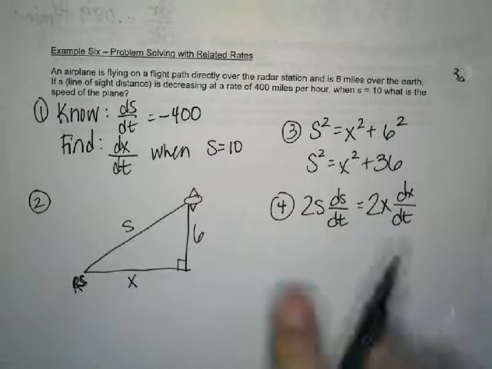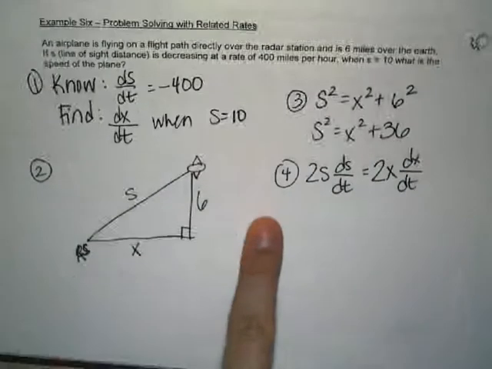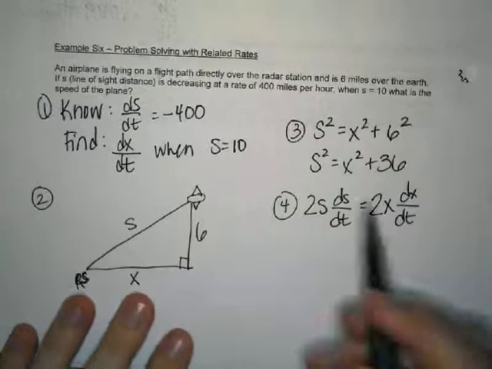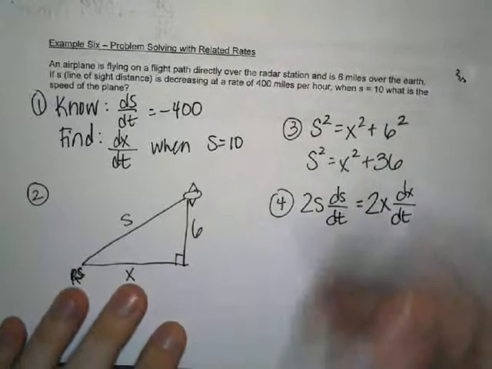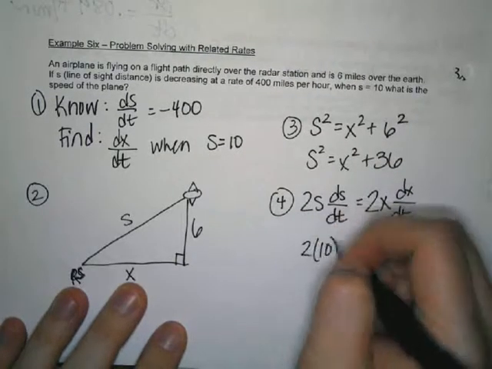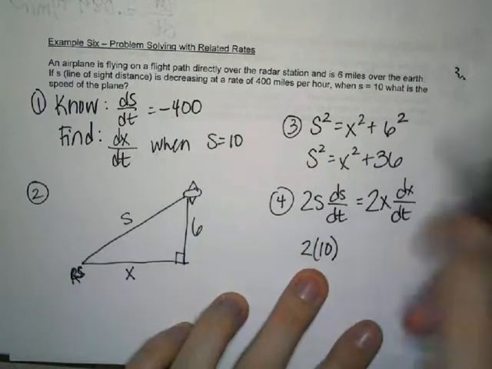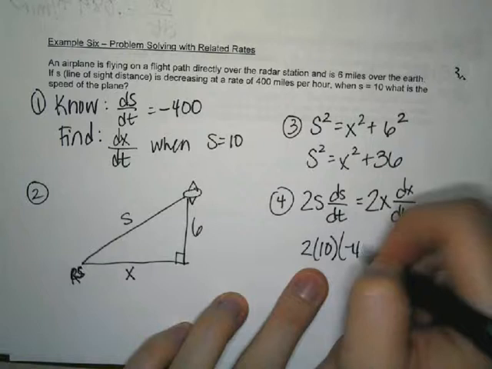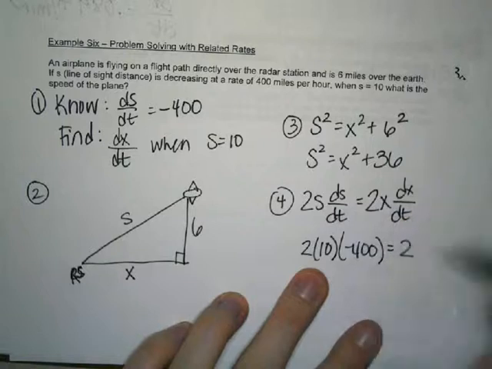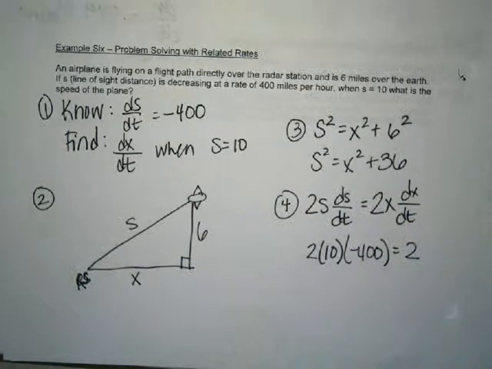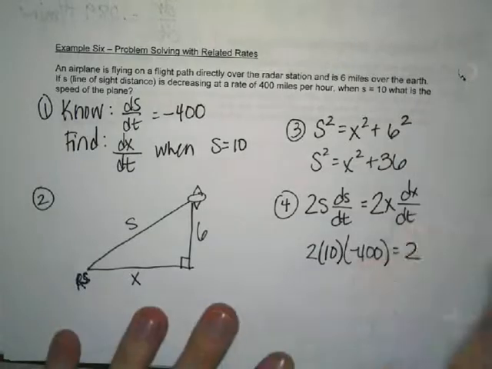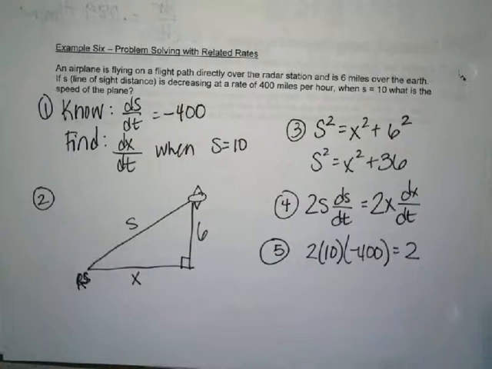So then we look at this problem, and we're going to plug in stuff that we know. I know that s is 10. I know that ds over dt is negative 400. I know that x is, I don't know what x is. Oh, sorry, this is step 5. How do I find x? They don't give me x.